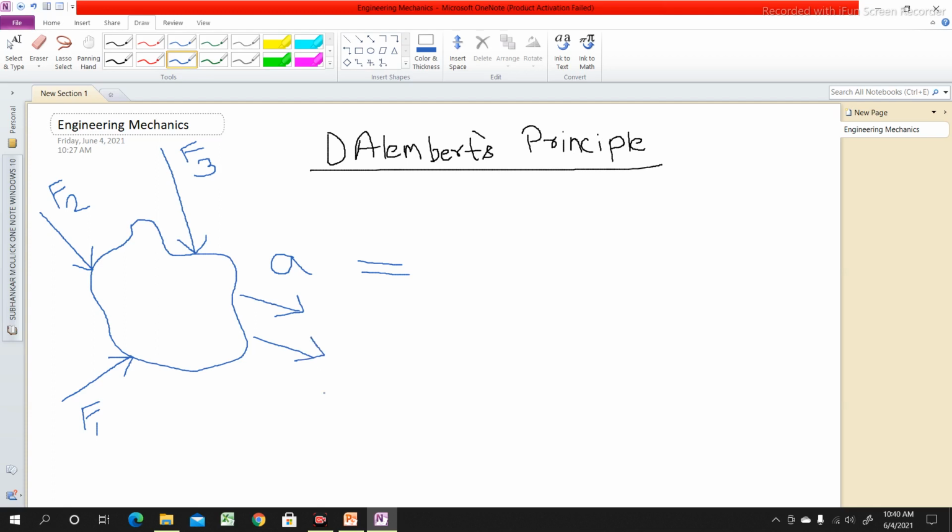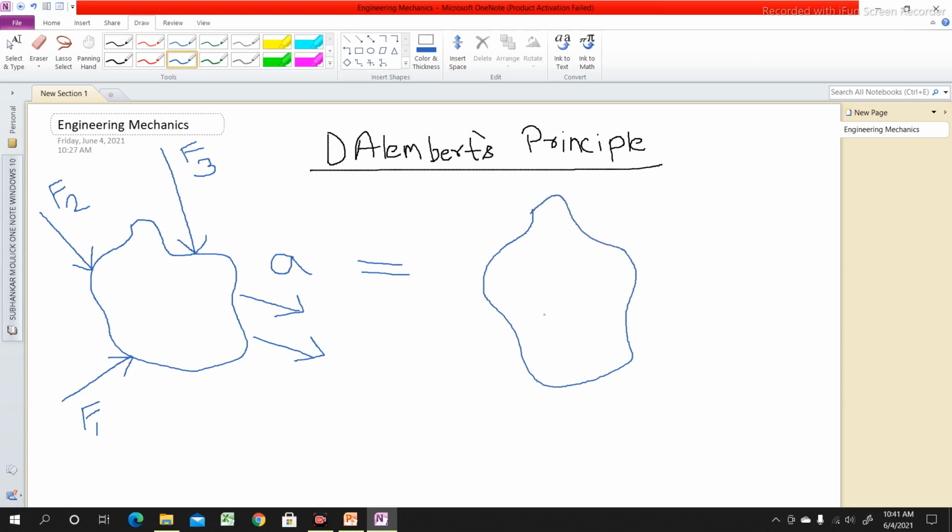Now in order to make this body remain static, what you need to do? You need to apply a force whose magnitude is ma in the opposite direction to the direction of motion of the body.